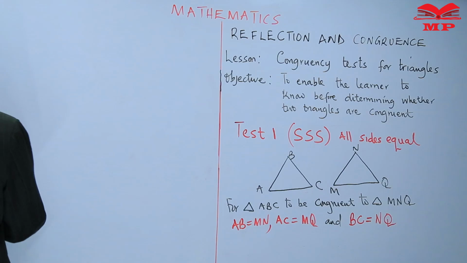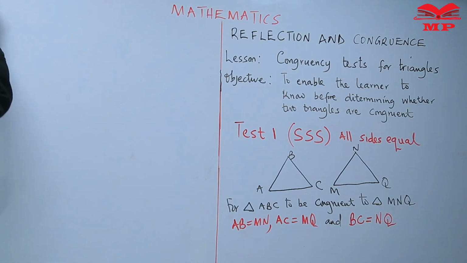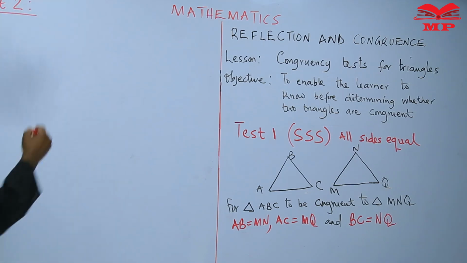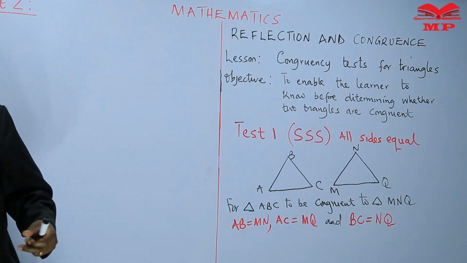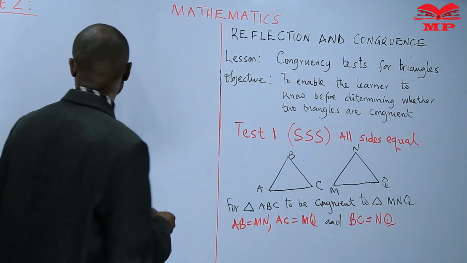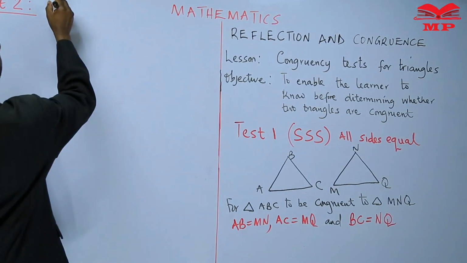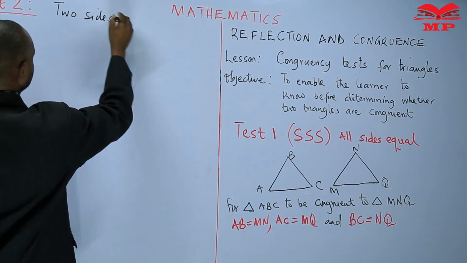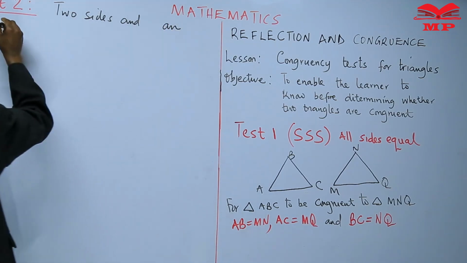We move to test 2. The second test to prove that they are equal is two sides and an angle.